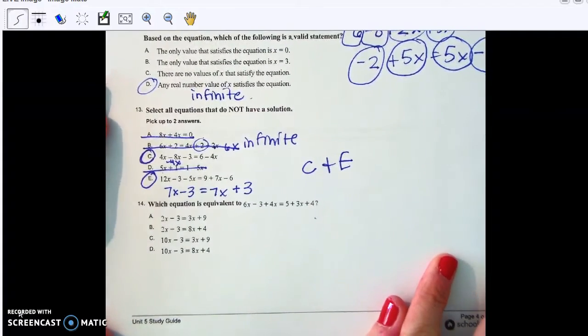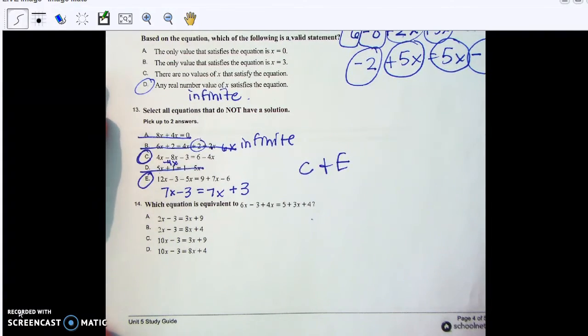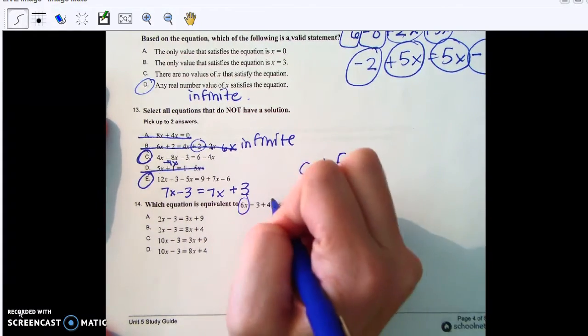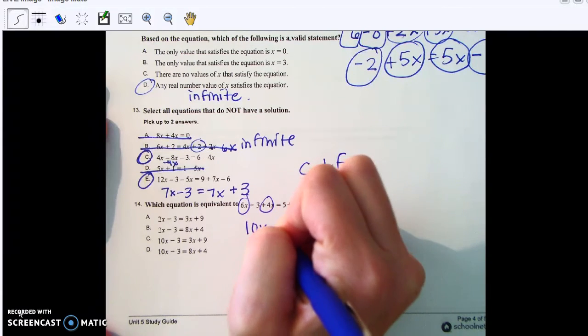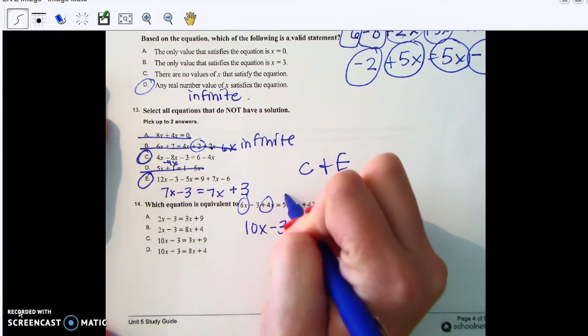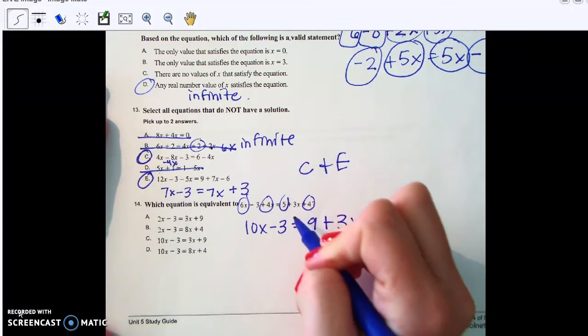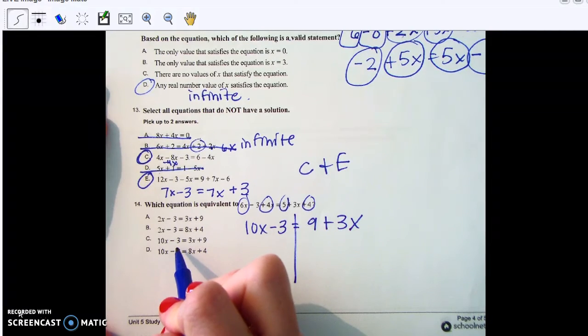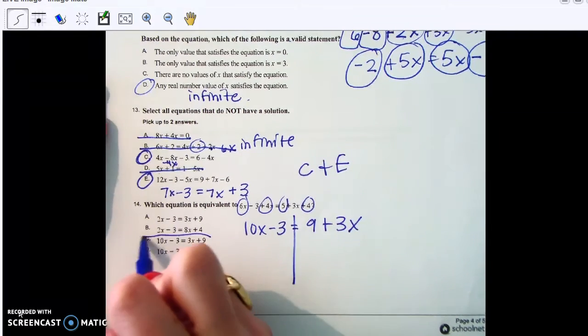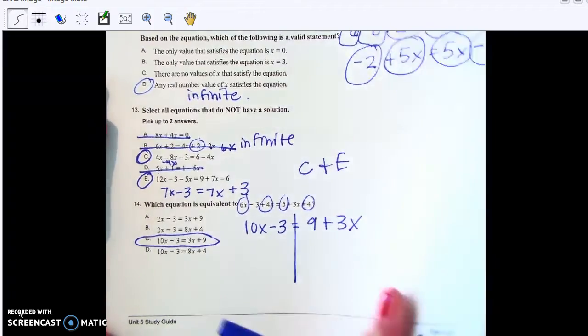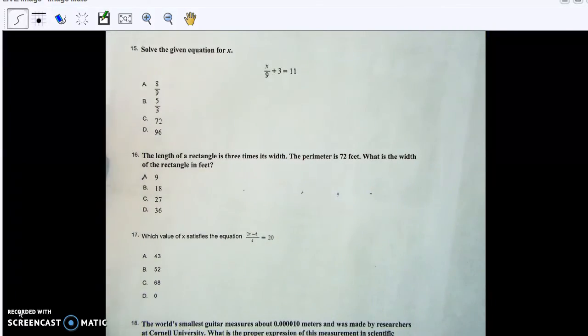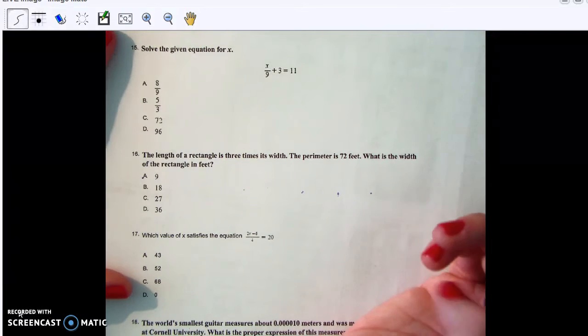Number 14, which equation is equivalent? So I can combine like terms. I get 10x minus 3 equals 5 plus 4 is 9 plus 3x. So 10x minus 3, 3x plus 9. Your answer would be C. Number 15, solve the given equation for x.